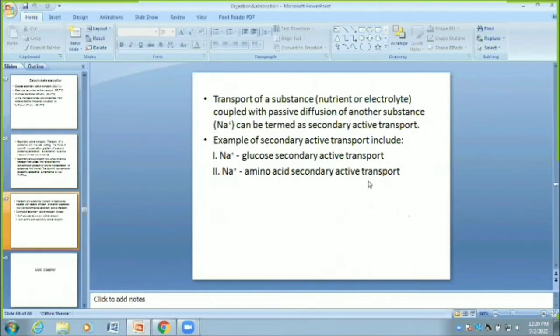The concentration of sodium is more in the extracellular fluid, I mean in the lumen, so it will try to enter into the cell, because within the cell the concentration of sodium is less, but the barrier is a semi-permeable membrane. The semi-permeable membrane doesn't allow it to do so.